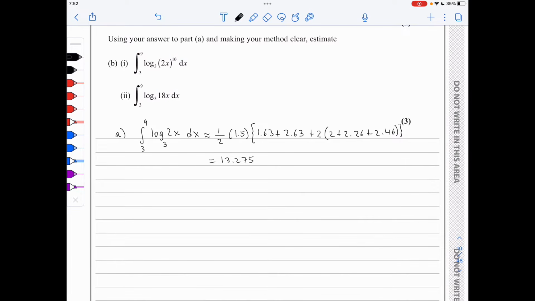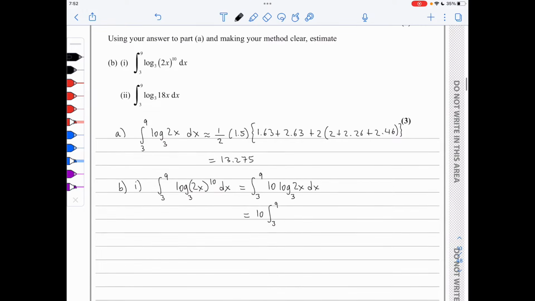Now in B, we need to use the answer to part A to estimate these two integrals. For the first part, BI, it's the integral from 3 to 9 of log of 2x to the 10, base 3. So we know that the 10 can come down, so it's the integral of 10 log of 2x base 3 dx. So this will be 10 times the integral from 3 to 9 of log 2x dx.